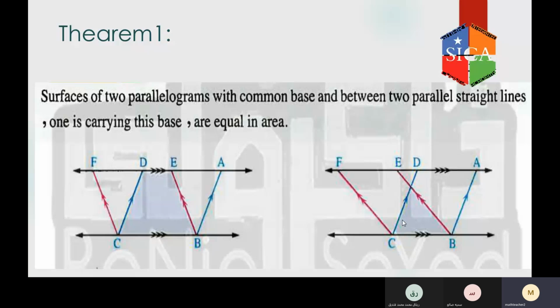The two parallelograms ABCD and EBCF have a common base, which is BC, and between two parallel straight lines, which are AF and BC, then the two parallelograms are equal in area.